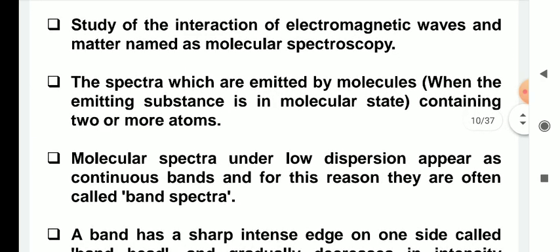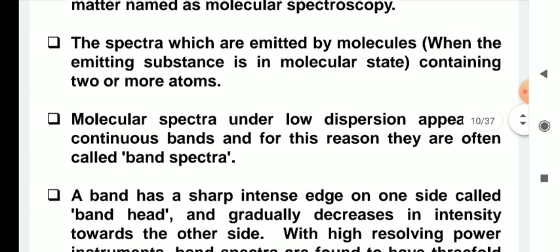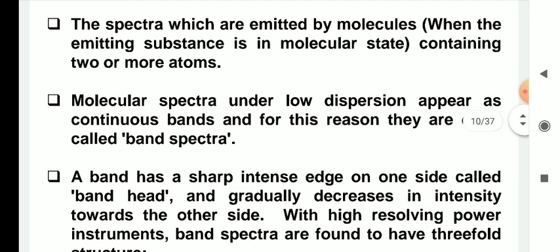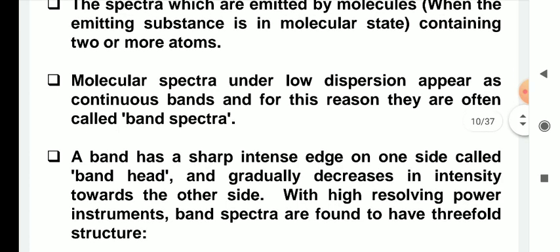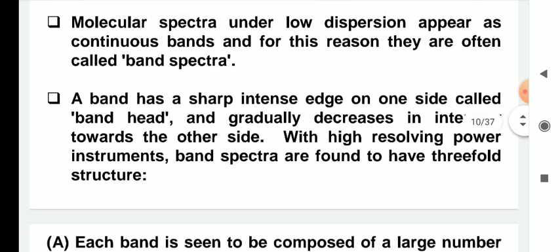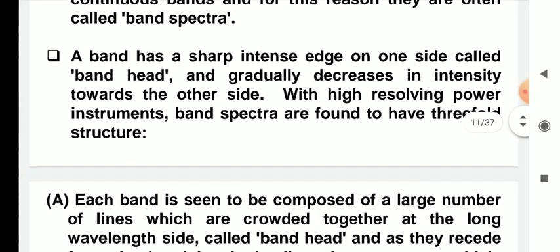So as you know, the study of interaction of electromagnetic waves and matter is named molecular spectroscopy. The spectra emitted by molecules containing two or more atoms is called molecular spectra. Molecular spectra under low dispersion appear as continuous bands, and for this reason they are often called band spectra.